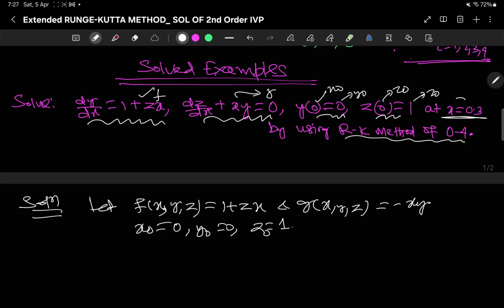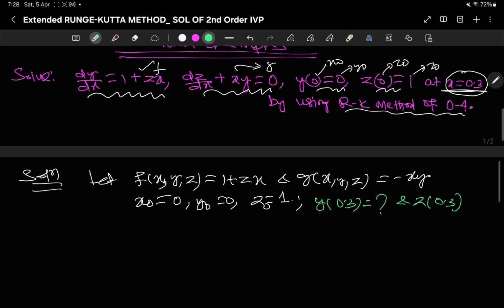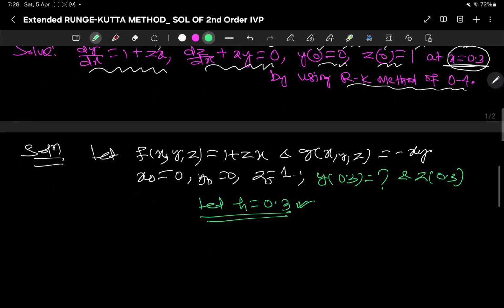We need to compute y of 0.3 and z of 0.3. Choosing h is our own choice. Let me choose h is equal to 0.3, so that I have to perform only one step, since the method is itself lengthy and we try to minimize the number of steps looking into the time.